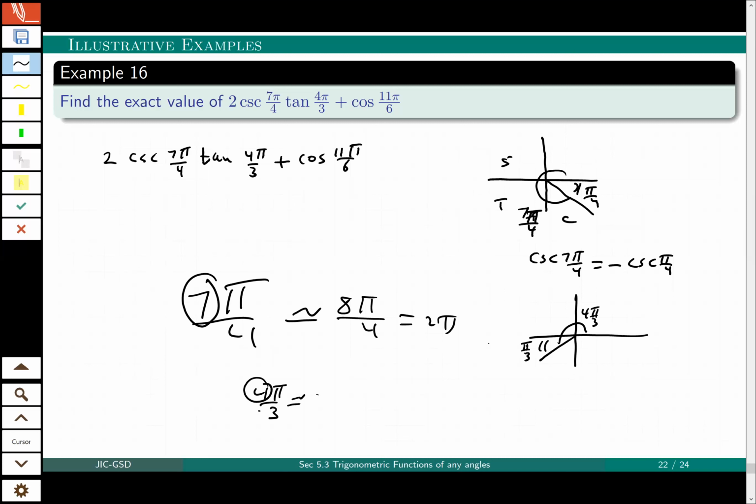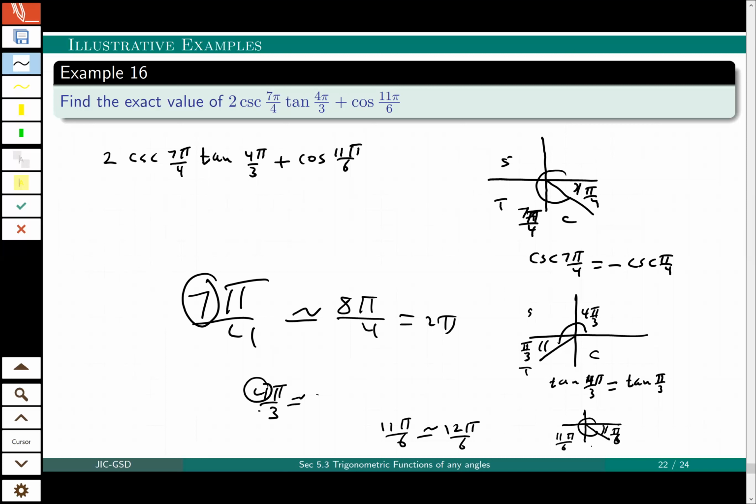So the reference will be pi over 3, and in the third quadrant, by STC, tan 4 pi over 3 is the same as tan pi over 3 because in quadrant number 3, tan is positive. 11 pi over 6 is close to what? 12 pi over 6. So it's quadrant 4 because this is 11 pi over 6. If we complete it by 1, it will be pi over 6.